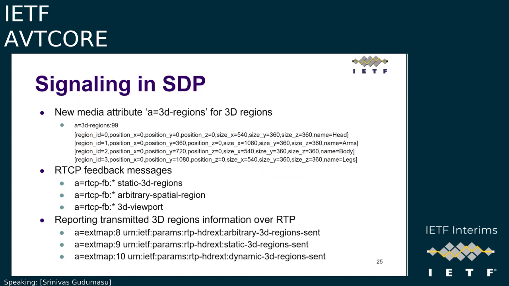We also have information about which portion of the immersive media content each 3D region belongs to. We also define the RTCP feedback messages for requesting static or arbitrary regions or a 3D viewport, and for reporting transmitted 3D region information, and the RTP header extension has been defined here. Can you go to the next slide?